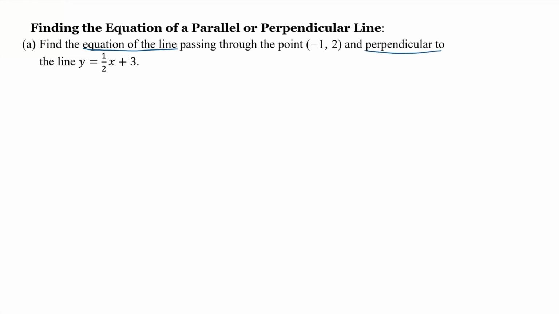So when it says find the equation of a line, there are two formulas. We normally use y equals mx plus b, or you can use y minus y1 equals m times x minus x1. Both of them produce the correct answer.